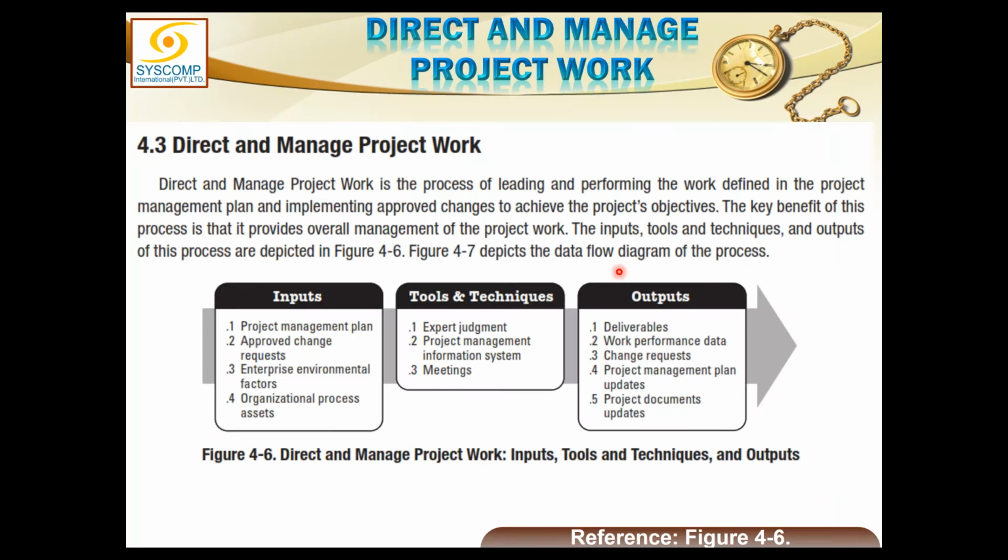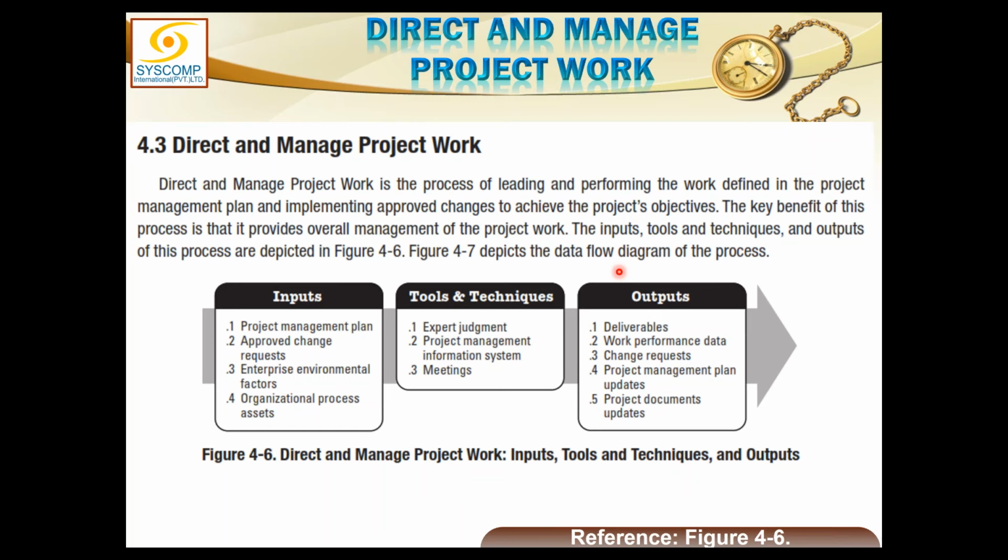Then direct and manage project work, as I said, is the consolidated execution of the project. All the baselines, scope, time and cost put together, are now to be executed as a united effort. You do not actually execute the time separately and cost separately and scope separately. Basically, all of this is done simultaneously as one whole.